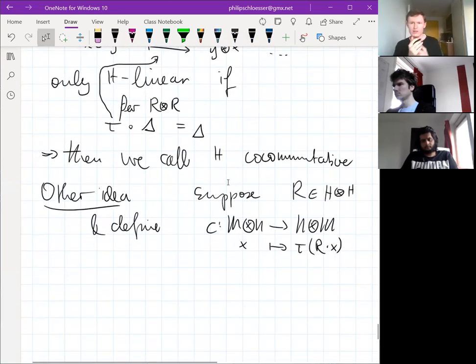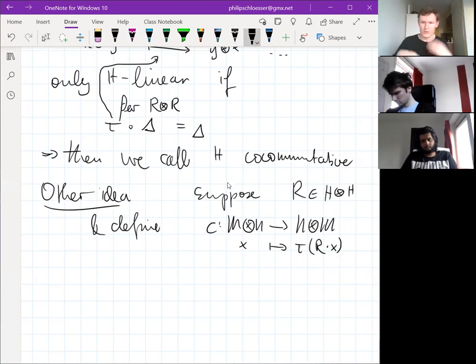This is a slightly more general notion than just wanting the swapping to be an H linear map. We would still get the same if we chose 1 tensor 1, but maybe one of these will turn out to be H linear, which is a slightly milder condition than wanting tau to be H linear.